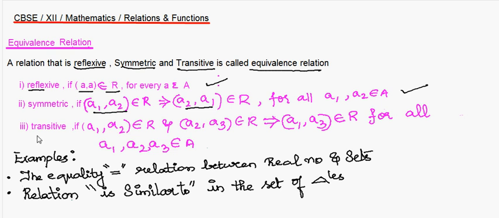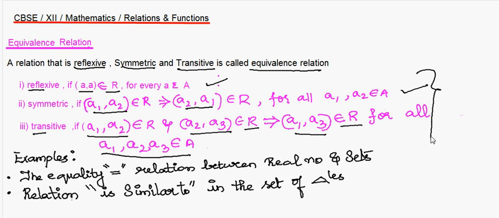Transitive means if (a1, a2) is an element of R and (a2, a3) is also an element of R, then (a1, a3) also belongs to R, for all a1, a2, a3 which are elements of set A. So when all these three properties are met for a relation, then you call that equivalence property or equivalence relation.